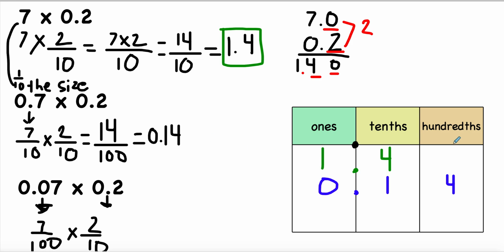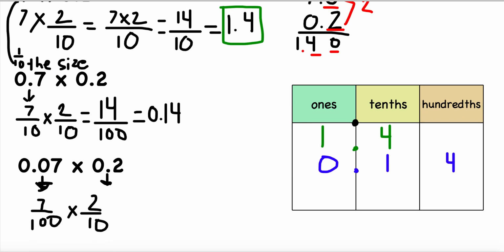So I'm thinking again, my product is going to be 1/10 the size of 14 hundredths. Let's see what happens. So 7 times 2 is 14. 100 times 10 is 1,000. So I get 14 thousandths.